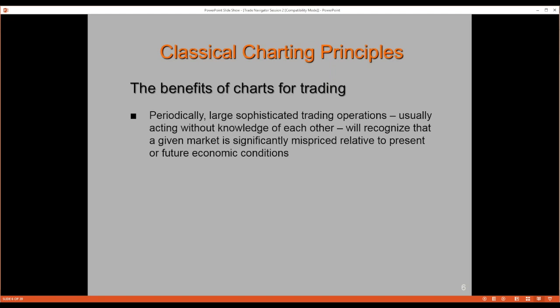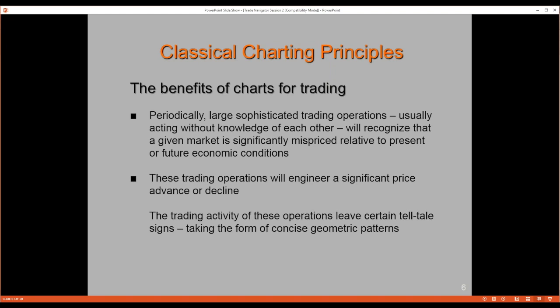But there are periodically times when big operations recognize that the market is mispriced, that these trading operations will engineer a significant price advance or decline. It may take them months, sometimes many months, to engineer and prepare a market for a move. The trading activity of these operations leaves certain telltale signs, taking the form of concise geometric patterns.